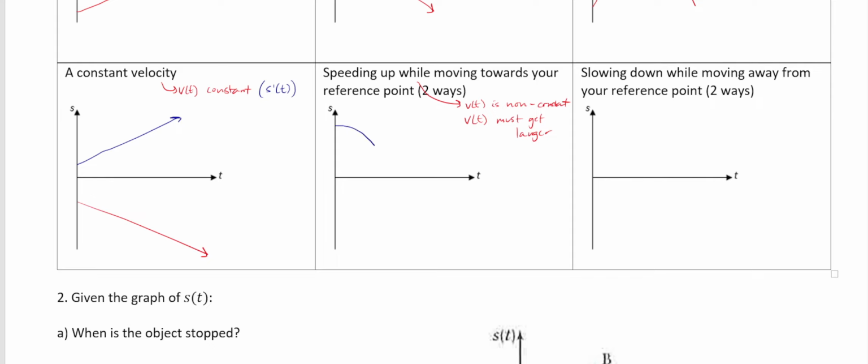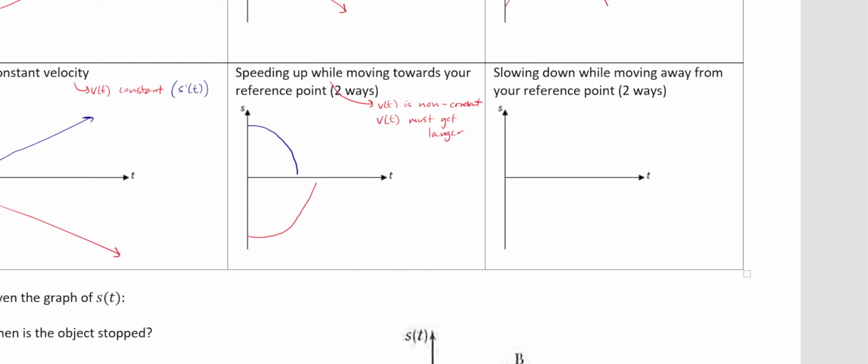We're starting over here and moving towards the reference point, and you can see that the slope of the graph gets steeper, which means that the velocity is increasing. We can also do this on the negative side. Again, moving towards the reference point, and again, seeing that the slope of the graph gets increasingly steeper, slope of the graph being velocity, so therefore your velocity is increasing.